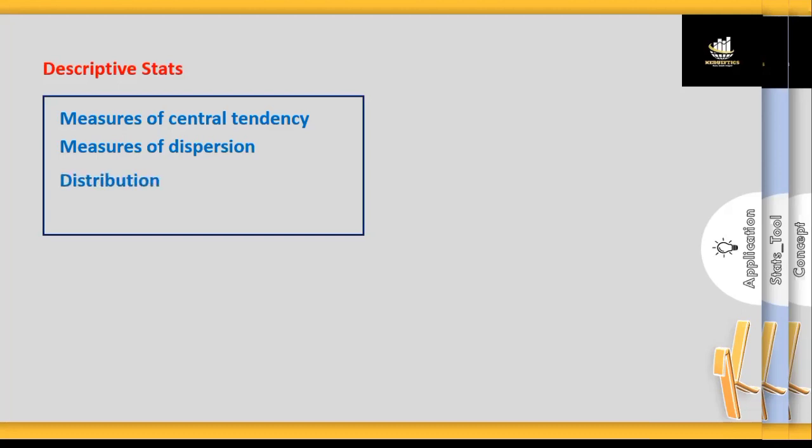do that. Lastly, the third aspect of descriptive statistics that we consider is the distribution. So how is the set of data you have distributed? Now, this brings our mind to the Gaussian normal distribution.